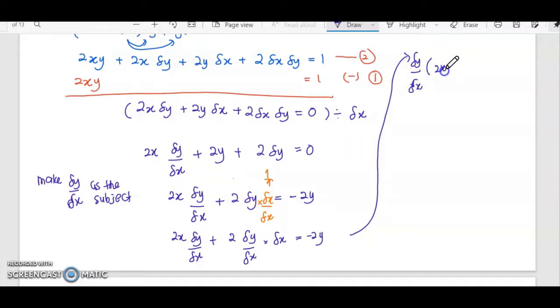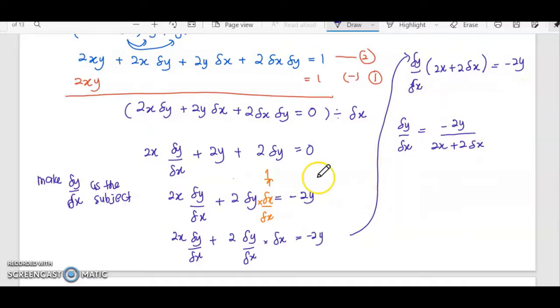So 2x plus 2 delta x equal to negative 2y. Okay, so that is nak jadikan delta y over delta x sebagai subjek. So negative 2y over 2x plus 2 delta x.